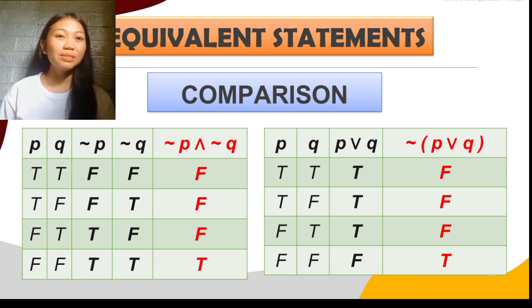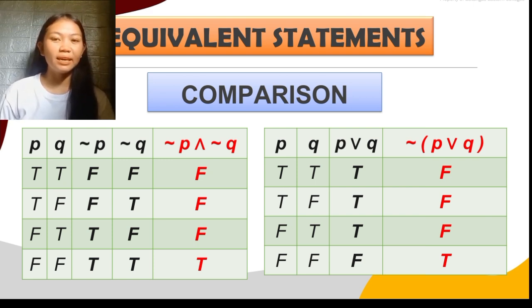Based on the slides, they have the same answers, the same result even though the process is different. So it means that not P and not Q is equivalent to not (P or Q). In the example to prove that not P and not Q is equivalent to not (P or Q), we have done it.